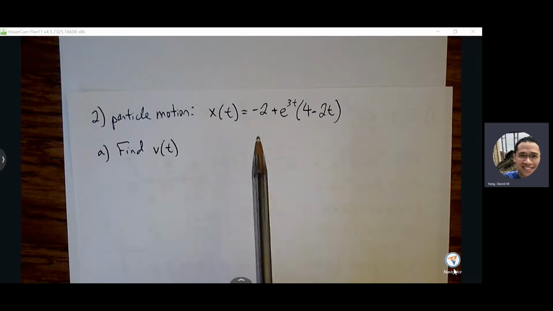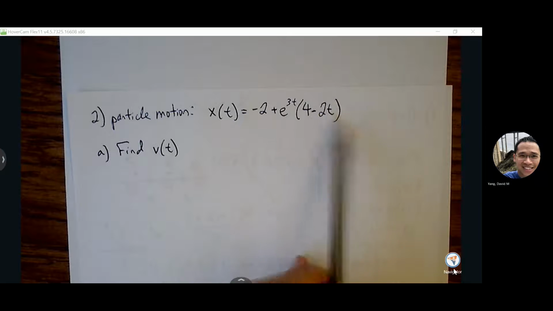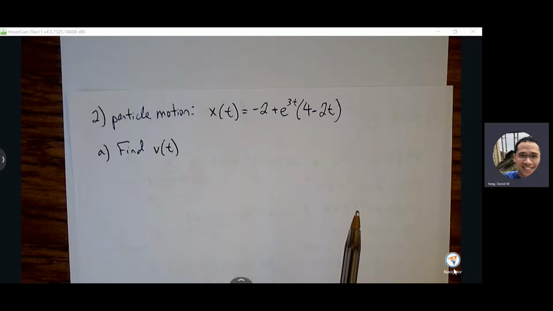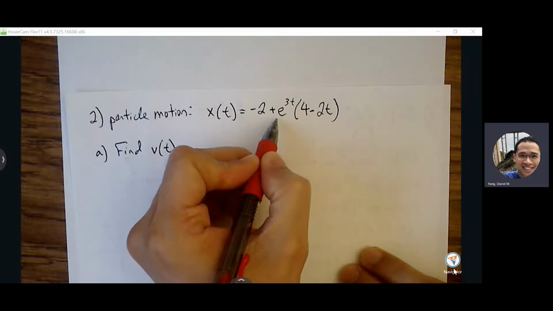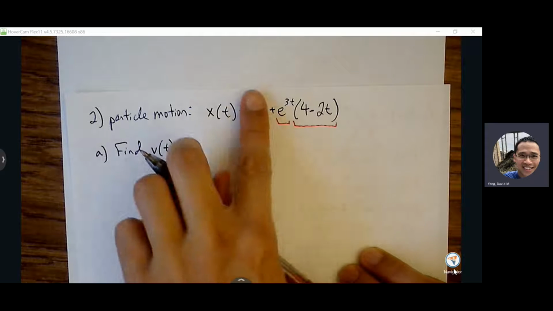Chain? Not chain. We would need chain if there's a parentheses with a messy exponent, like parentheses raised to the 5th power or something. Product rule, okay. Which part would require the product rule? That's your one function. That's a second. That's just a constant, right? That constant was a standalone.